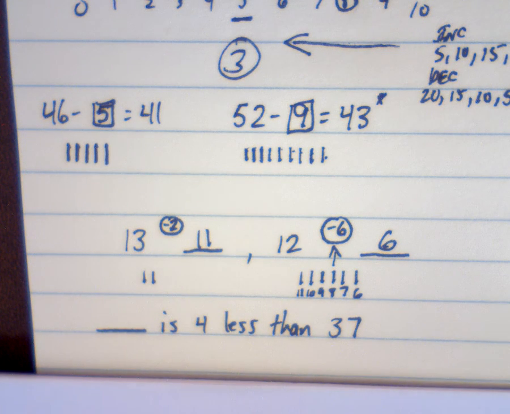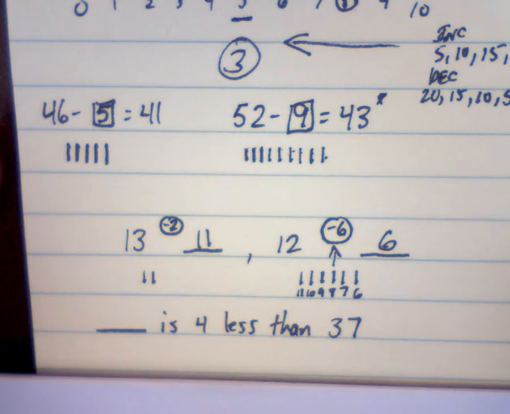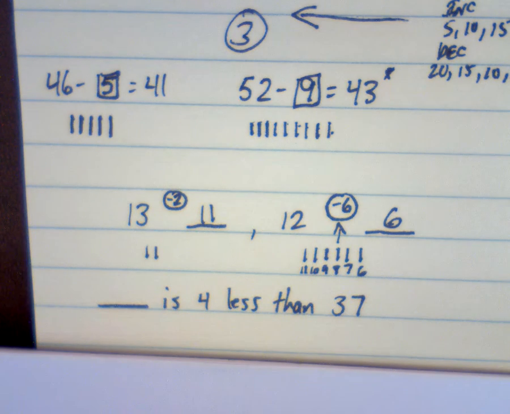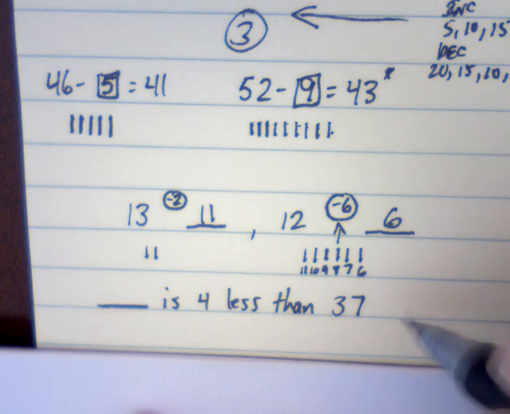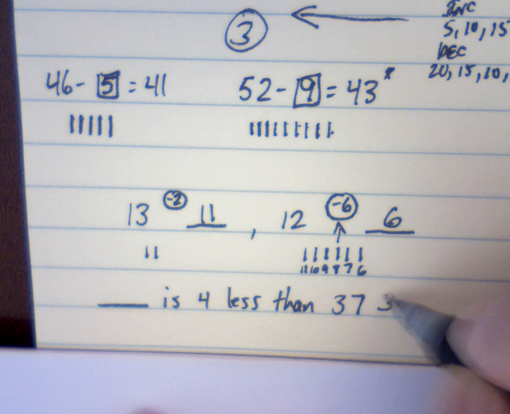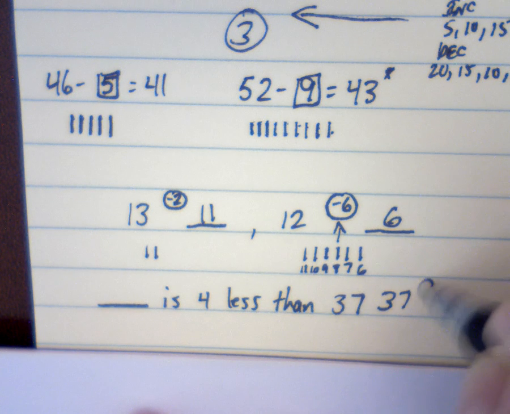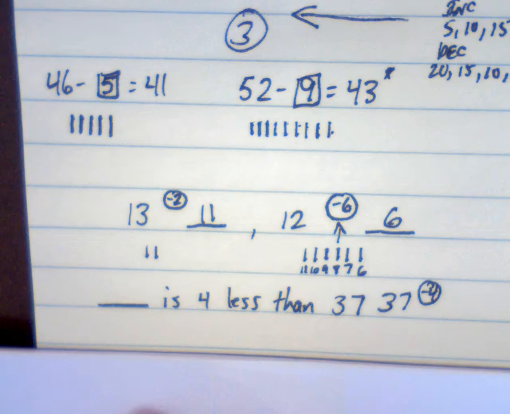Now we can take these principles and apply them to different situations and questions. For instance, we have a question that looks like this: something is 4 less than 37. If we rework this, it's 37 minus 4.